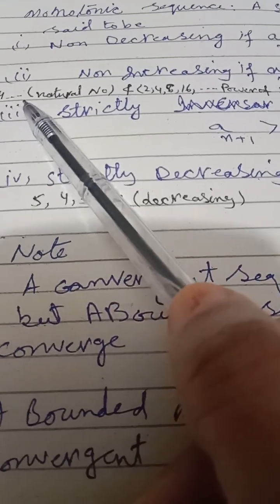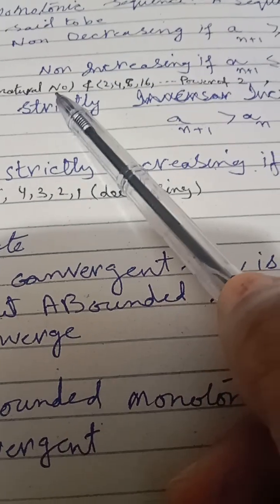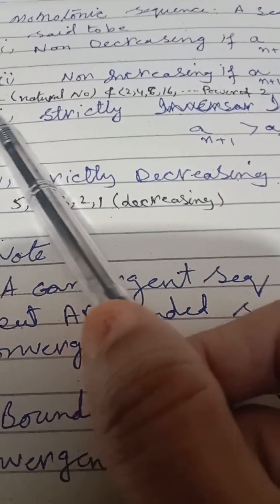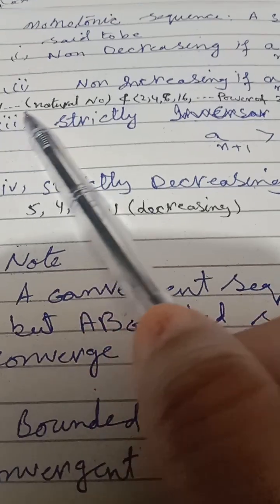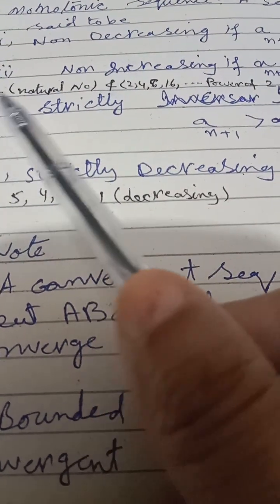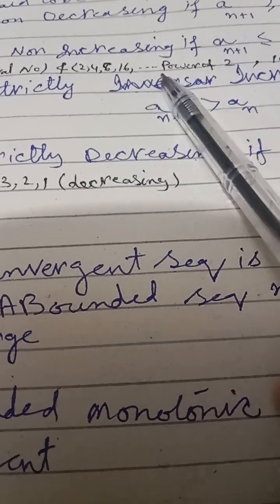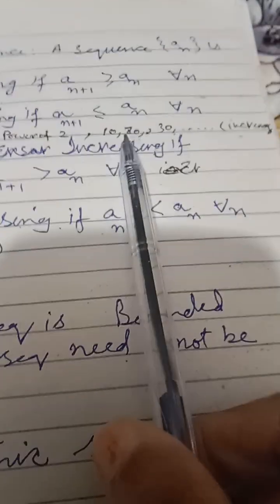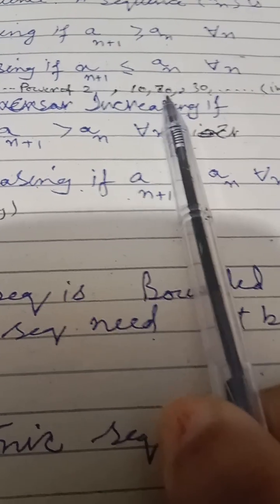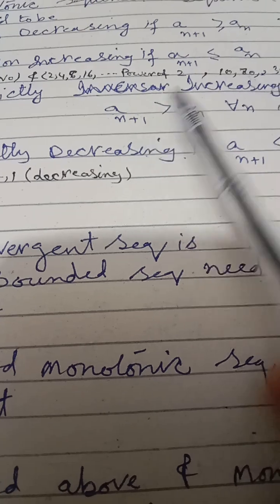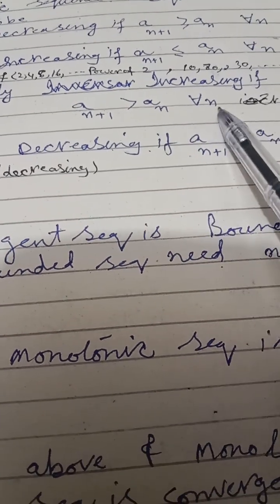So for the first condition, if we are given 1, 2, 3, 4 and it is not increasing, this is a non-decreasing or non-increasing sequence. But 2, 4, 6, 8 is an increasing condition, like 10, 20, 30: after 10 comes 20, after 20 comes 30. Strictly increasing if an+1 is greater than an for all n.